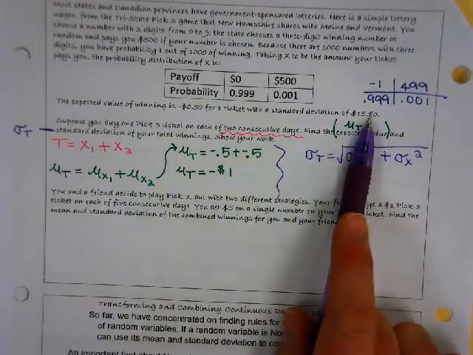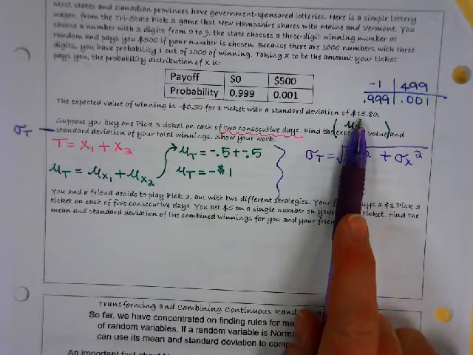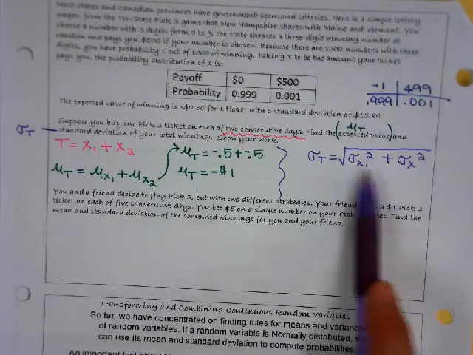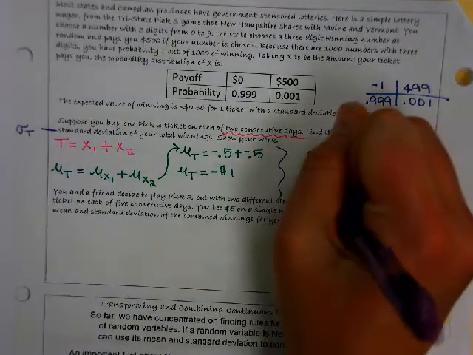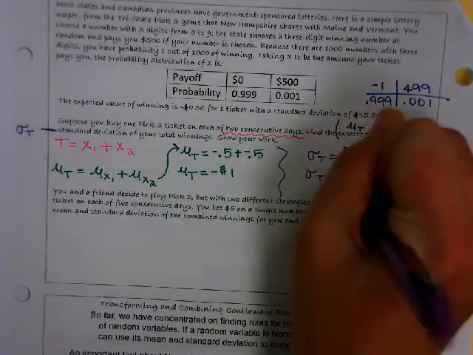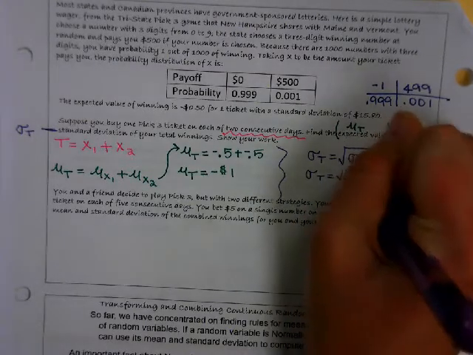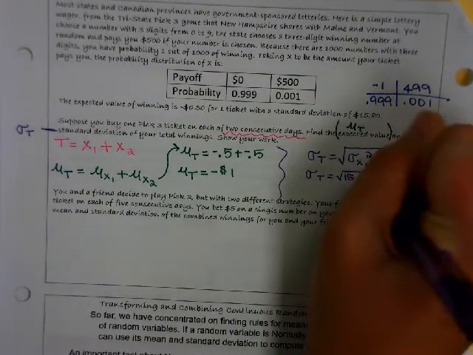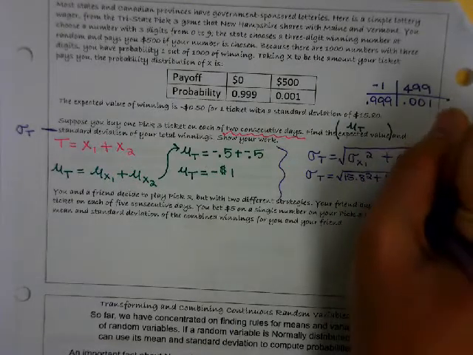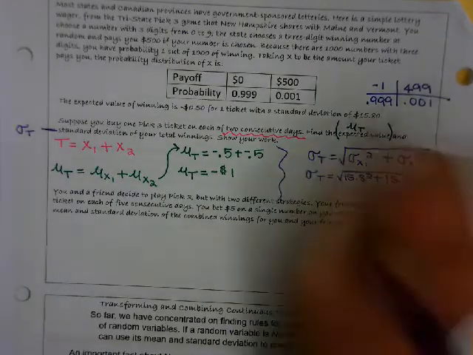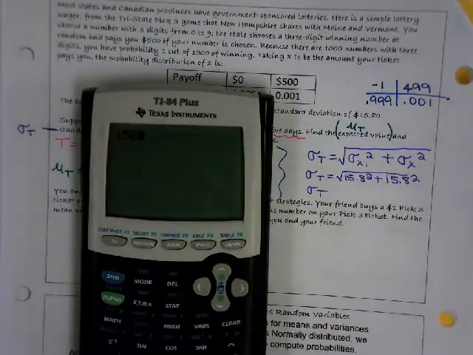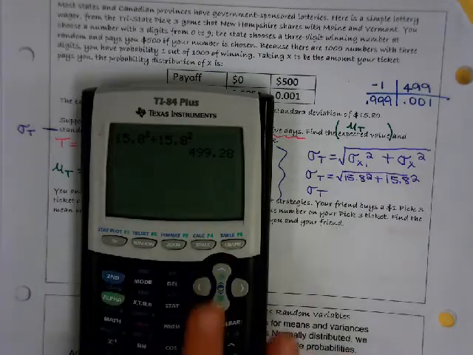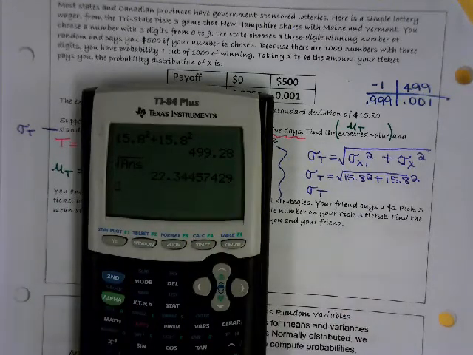So we're going to do 15.80 squared plus 15.80 squared, and then square root it. So we get 22.34.